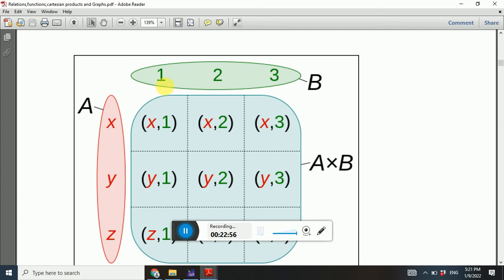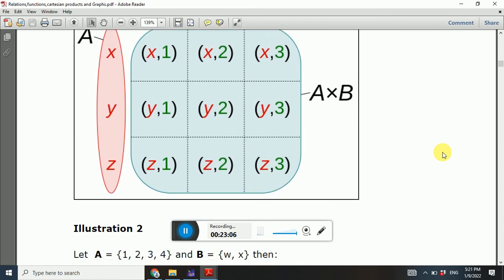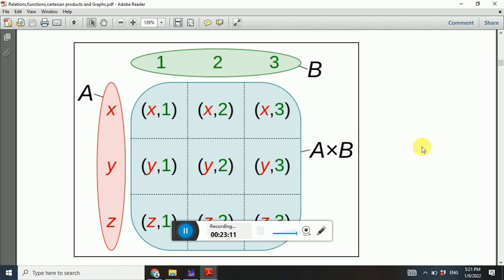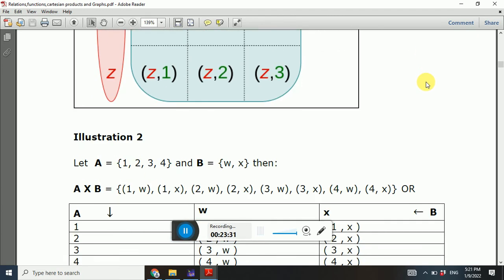Then you move to the next one, Y1 to give us this, Y2 to give us this, Y3 to give us this, and so on up to the last element. So briefly, this is the matrix form. The reason why it is called a matrix is because the elements are listed using rows and columns. So you can try out this method for even the previous examples that we saw.